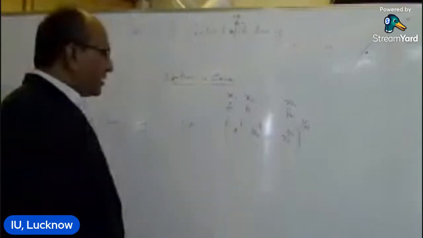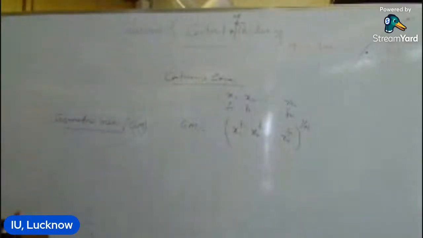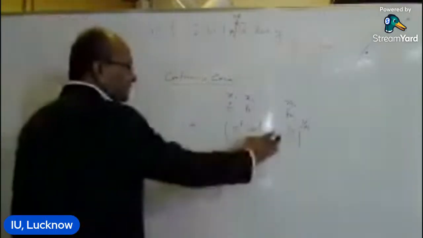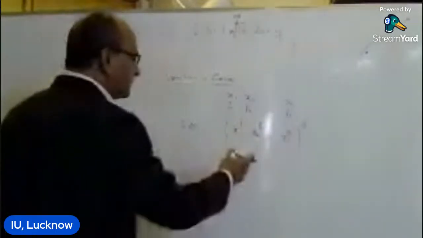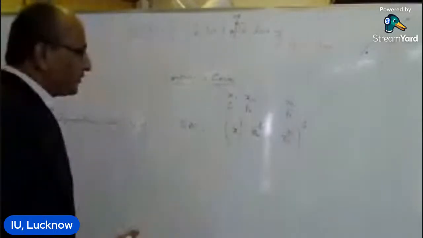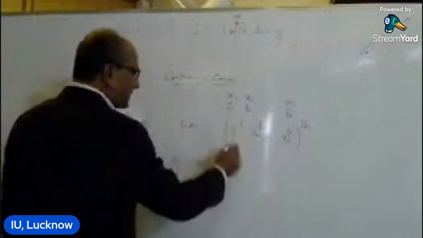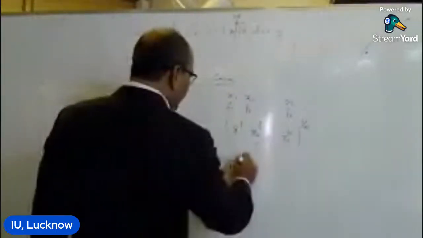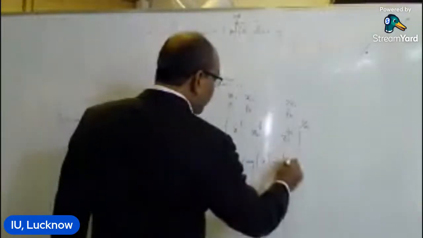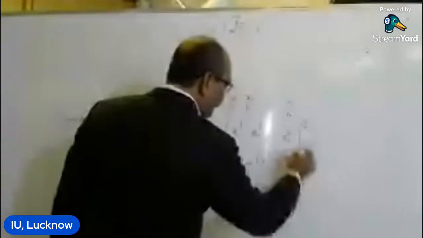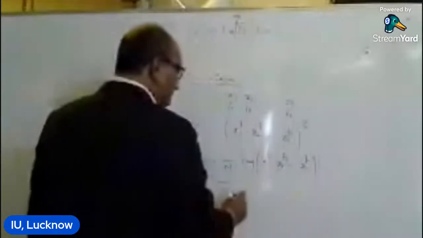I will not take any numerical example because the calculation is tedious and complicated. So sometimes we convert this formula using logarithm. You can rewrite it in terms of logarithm. Taking log on both sides, this will be 1 upon N times log of x1 to the power f1 into x2 to the power f2 into xn to the power fn, and this can be written as a sum.